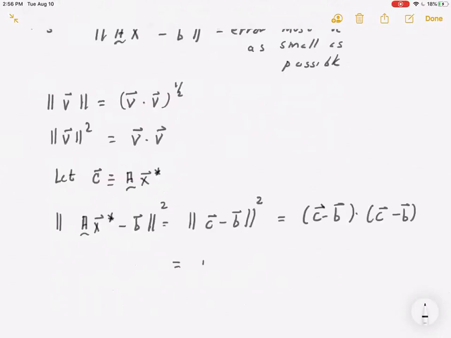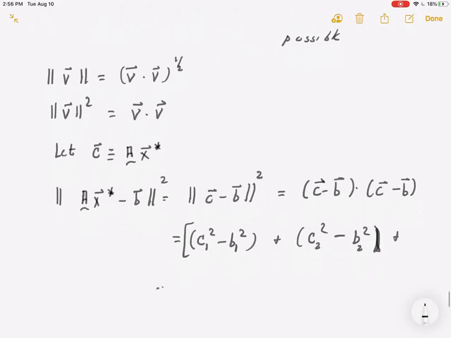And that is simply C sub 1 minus B sub 1, squared, plus C sub 2 minus B sub 2, squared, and that goes all the way up to the number of components that you have in your vector.